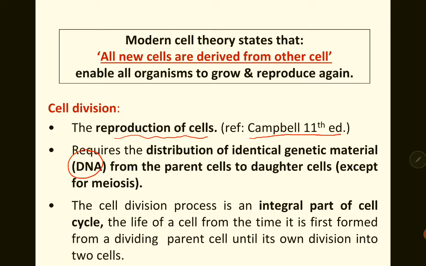Cell division is an integral part of the cell cycle, which is the life of the cell from the time it is first formed from a dividing parent cell until its own division into two cells.